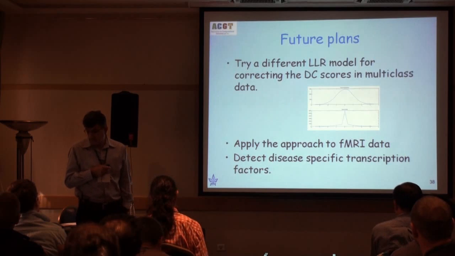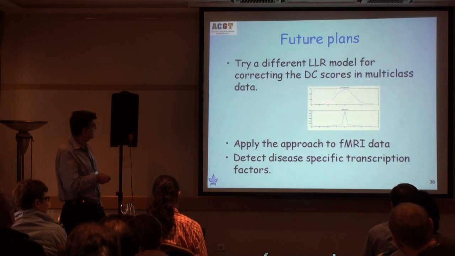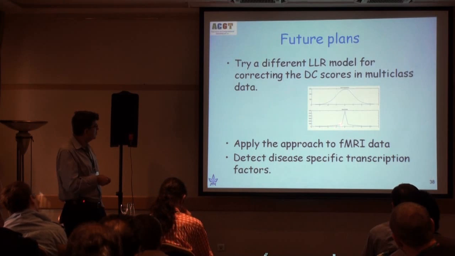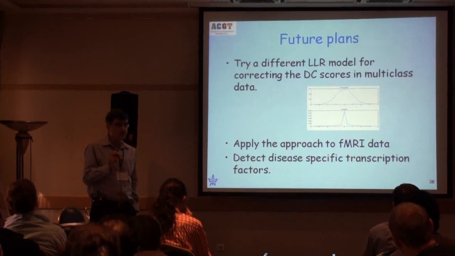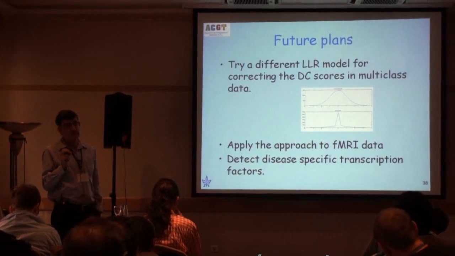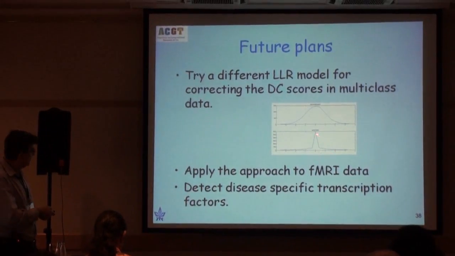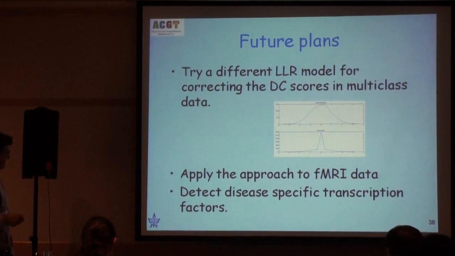In terms of future plans, as I said, this log likelihood ratio assumes normality, and we should probably change it so that there will be a mass value at 0, specifically when we are dealing with multi-class data that looks more like the lower example.